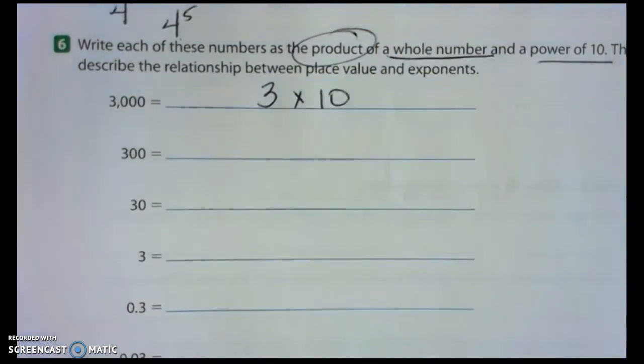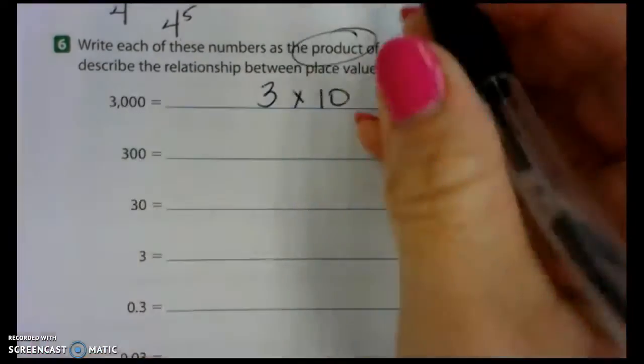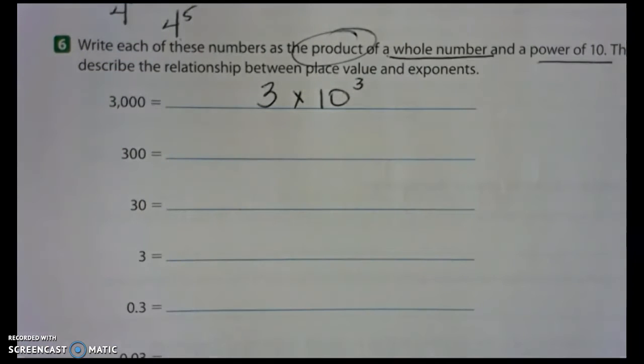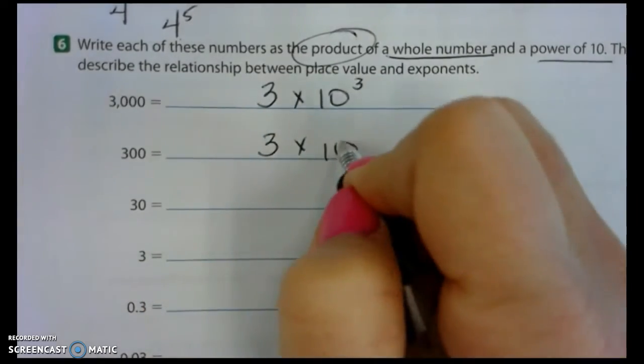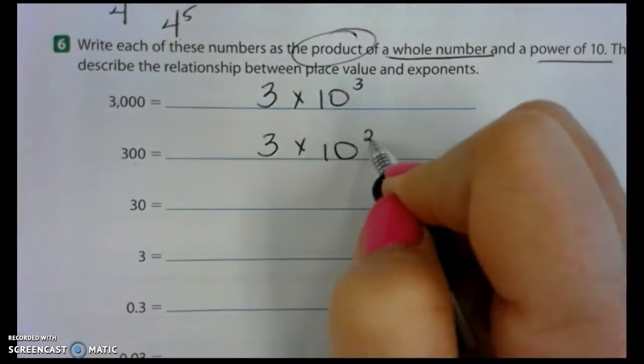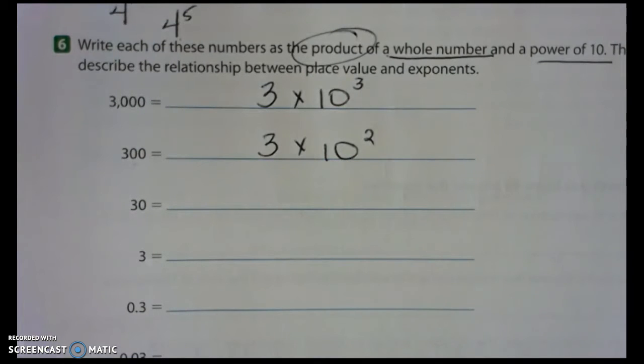A whole number 3 times 10 to the 1, 2, 3 place values would give us 3 times 10 to the third. For 300, whole number 3 times 10 to the 1, 2 place values would be 10 squared.